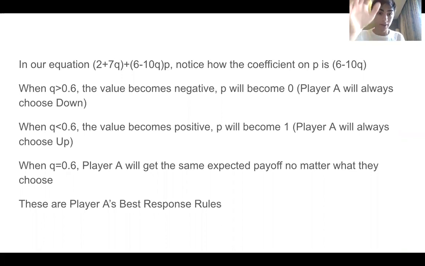Okay, but this is only when q is greater than or less than 0.6. When q is 0.6, player A is going to get the same expected payoff no matter what they choose, right? 0.6 times 10 is 6. 6 minus 6 is 0, times p. Thus, no matter what player A does, it's not going to matter, their options don't matter. Their expected value is the same.